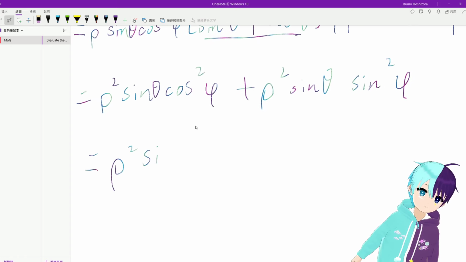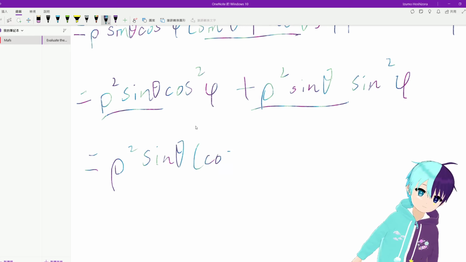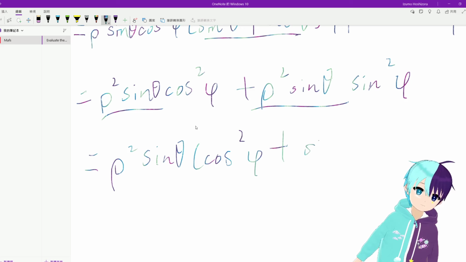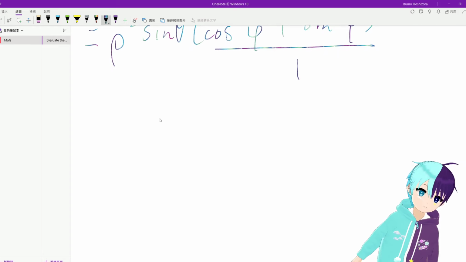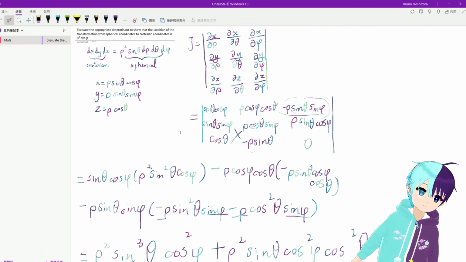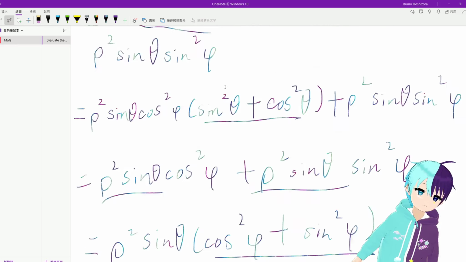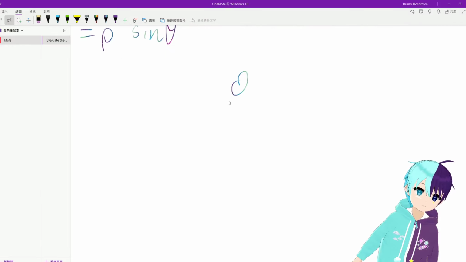It'd be rho squared sine theta would be the common factor, and that leaves us with cosine squared phi plus sine squared phi. So again, that gives us 1. So the Jacobian is rho squared sine theta, which is what we needed to prove that this is the Jacobian. QED.